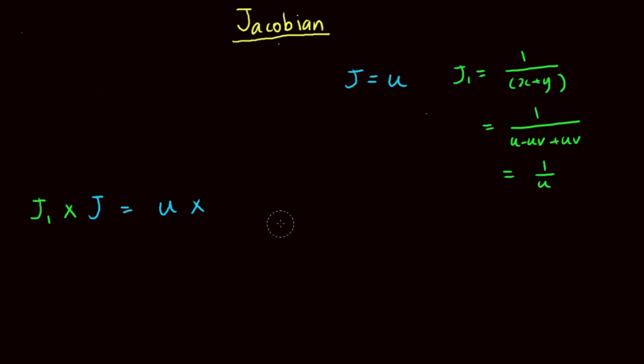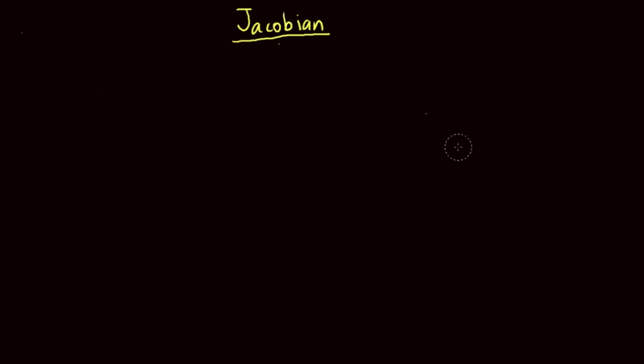So let's go to one more question before I think we can conclude about Jacobian. Let me erase this actually. Okay, so let's see, what's the question? Let's say x was given in terms of u squared minus v squared, and y was expressed as 2uv.